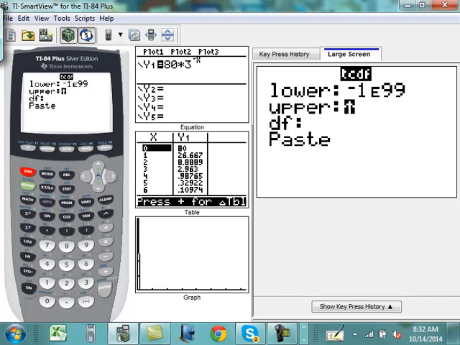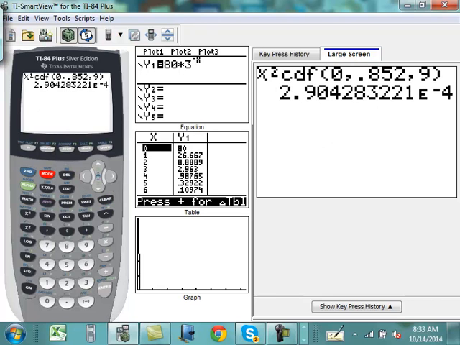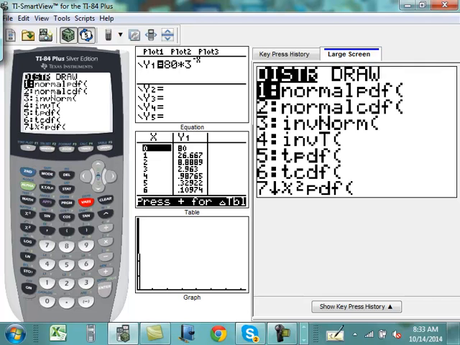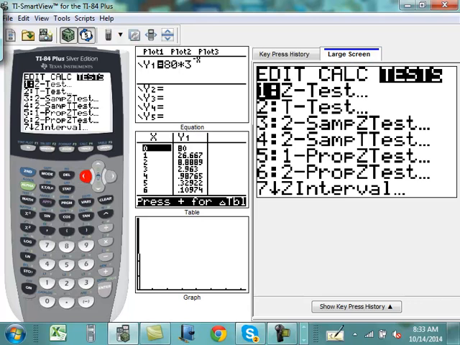But I would encourage you, though, that if you want to use your calculator to test claims about the mean, I would encourage you to go into your stat menu, test, and just use the so-called t-test.